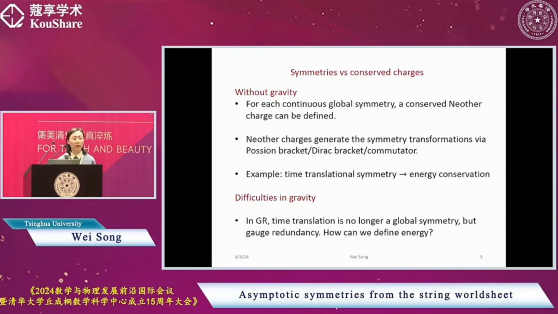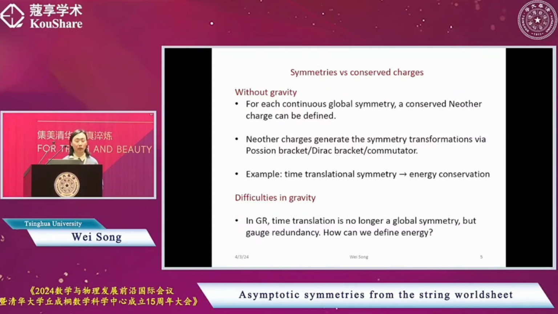And if you again ask the question, what is energy in a theory of gravity, then you will encounter a difficulty. Time translation is just the reparametrized time, right? This is part of this general covariance, and this is usually regarded as a gauge redundancy.